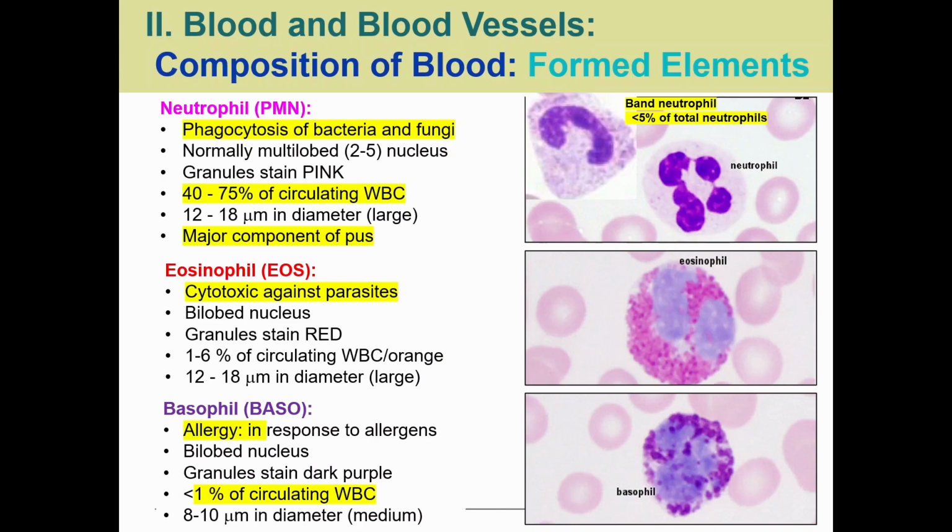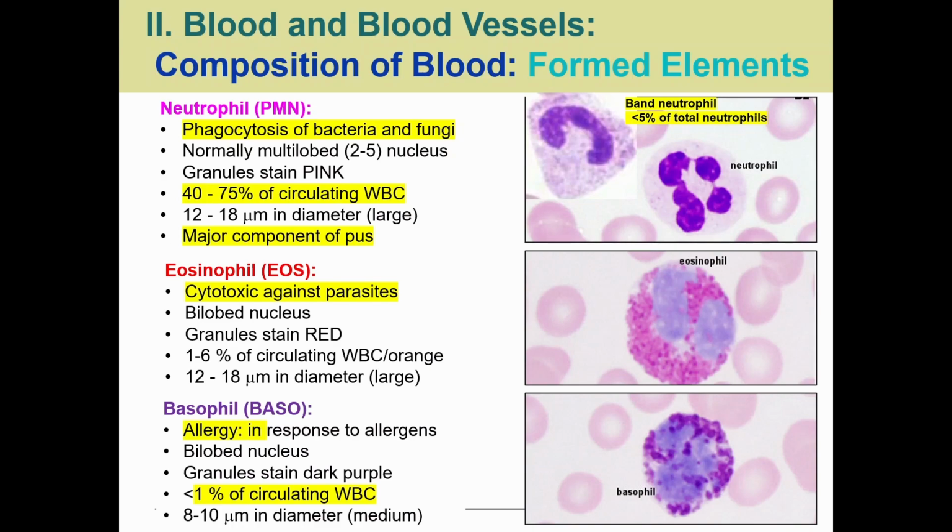They're a bit larger, but the big thing eosinophils do is they are cytotoxic against parasites. Usually when we think eosinophils, we're thinking worm parasites. So, some sort of invading worm is what we relate eosinophils to. They also will help downplay things like inflammation. So they can kind of counteract the function of our next white blood cell, which is the basophil.